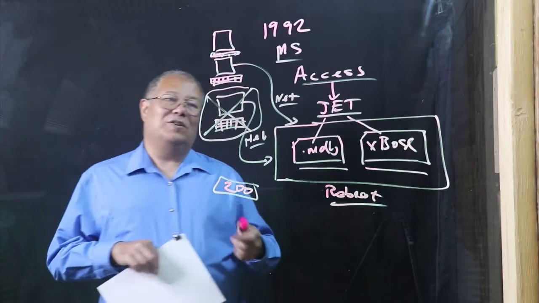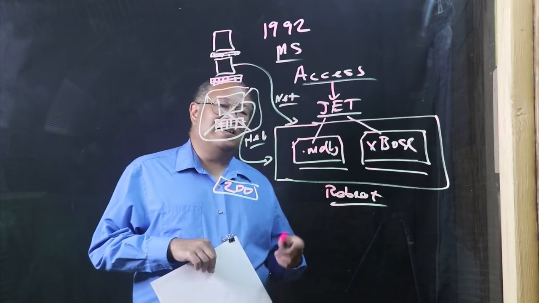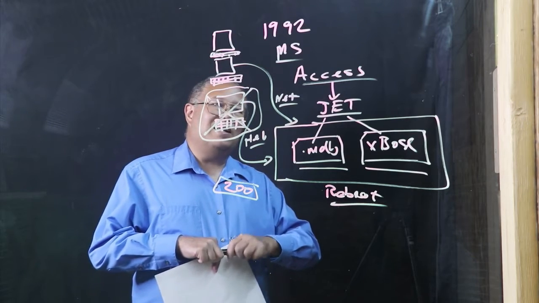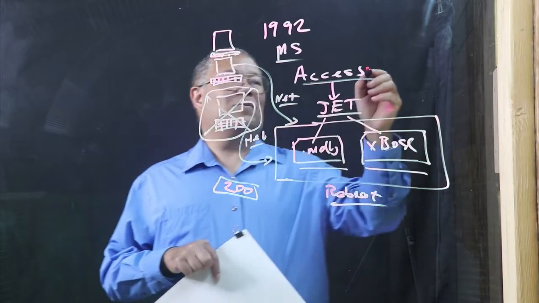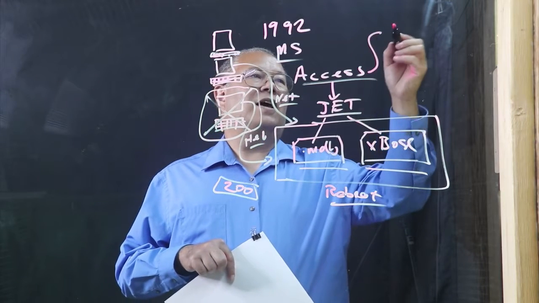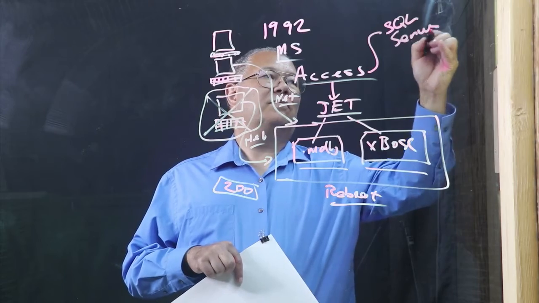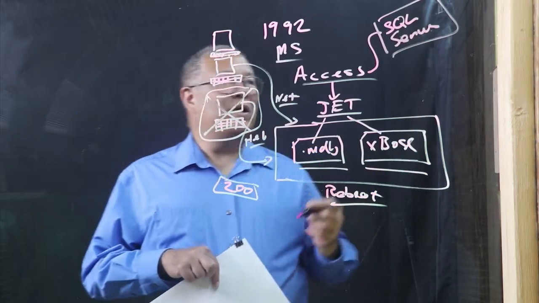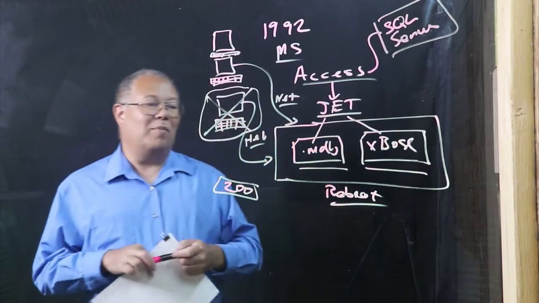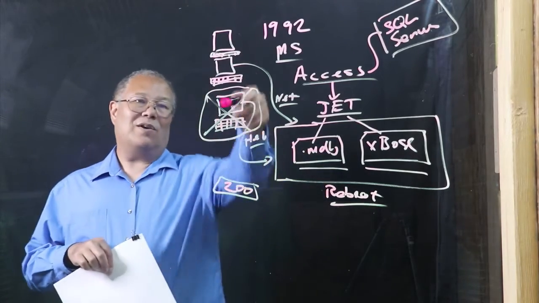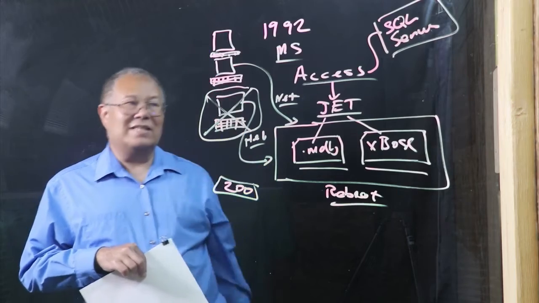And Microsoft's solution to this is about 15 years ago, they finally did a version of Access that can use a real database instead of the JET engine, and you can use SQL Server. And when they went to that, that actually solved the problem of all of this network goo stuff underneath, because there are all these applications out here, lots of them.